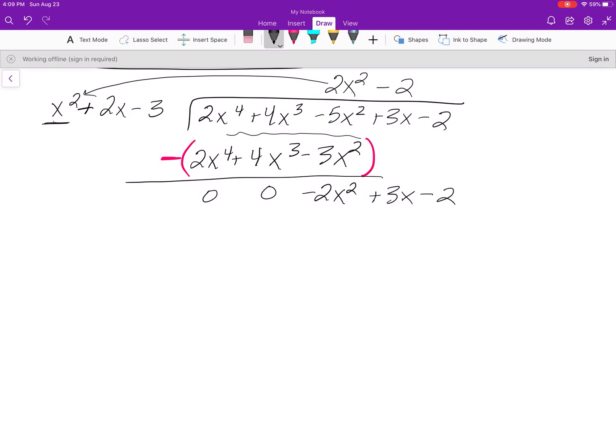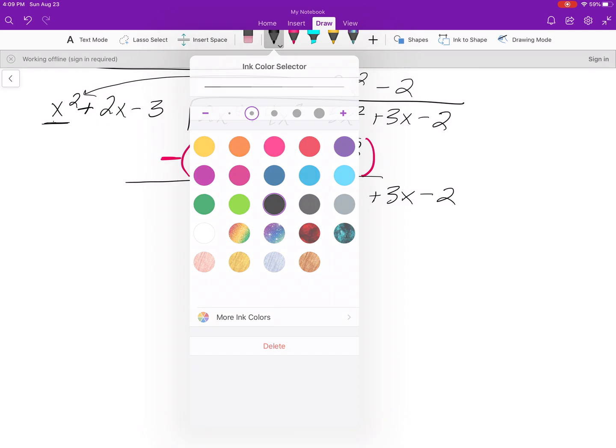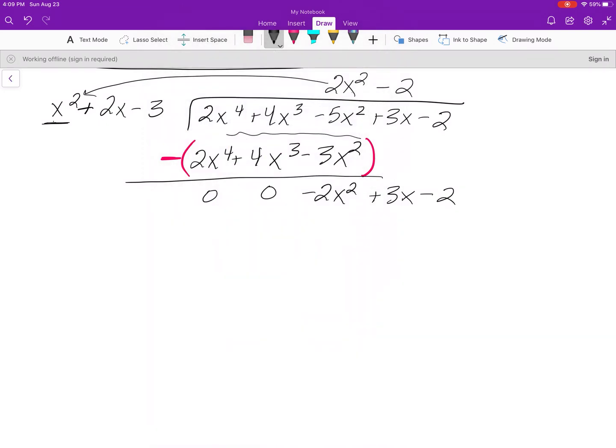I think I did that right. I don't remember this answer. That's why it's freaking me out. Oh, the minus 2 should not go there. Maybe that's why. Hold on. Eraser. Maybe it should go here. Move it down there.